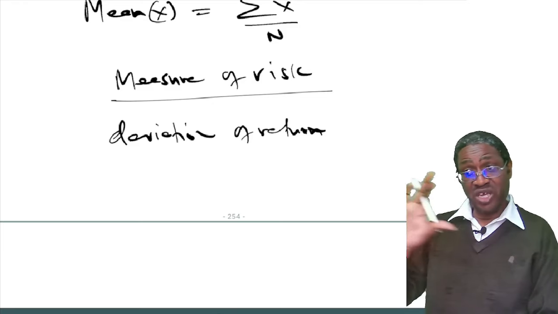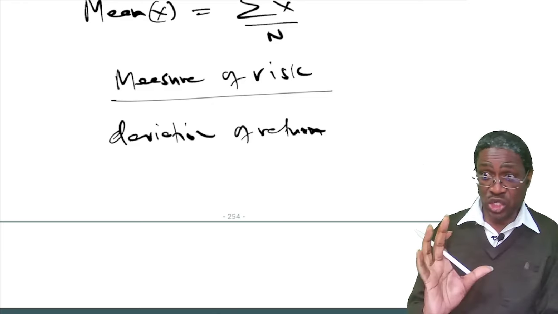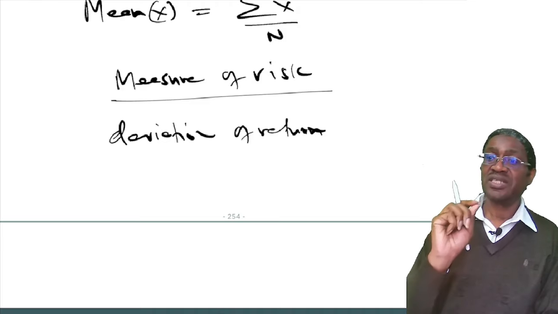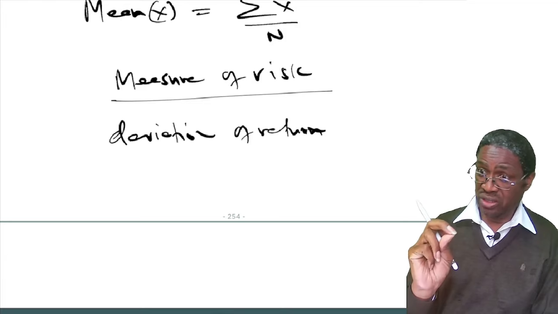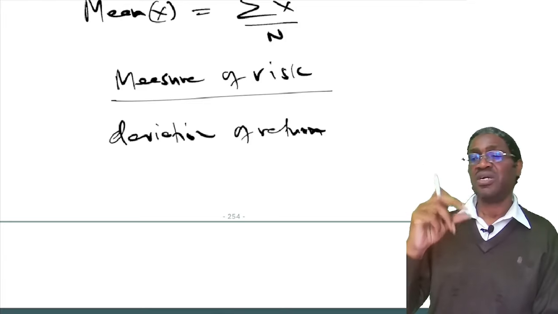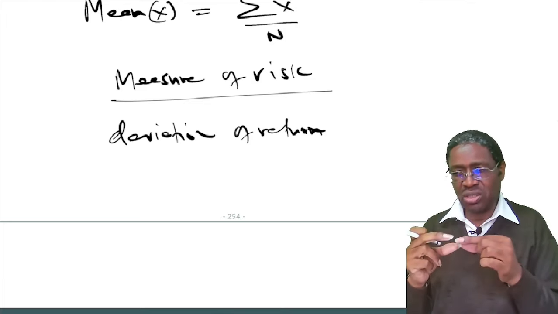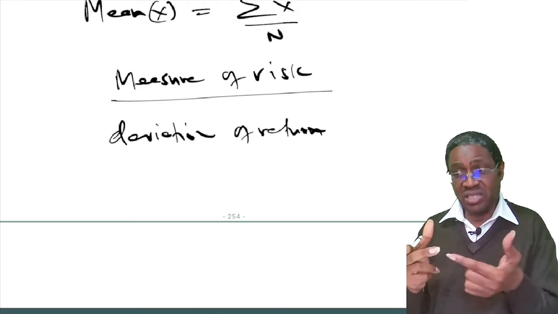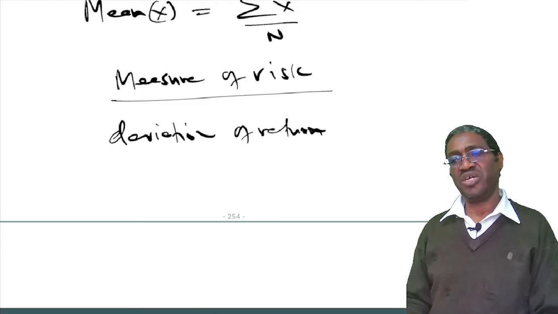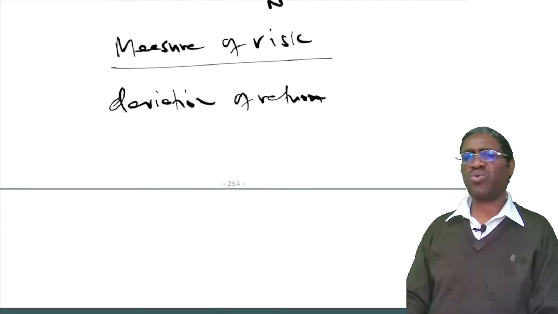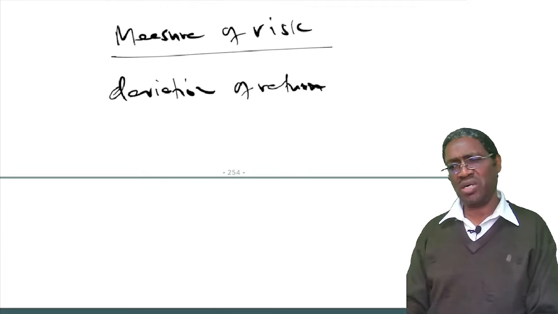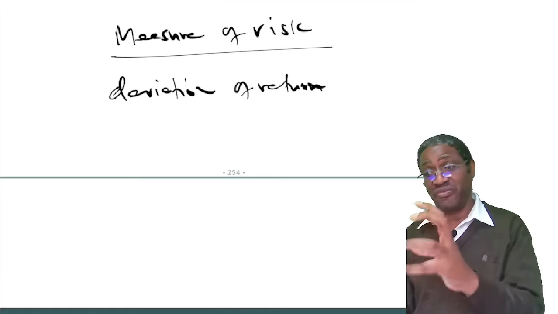The more the deviation from the mean, the higher the risk of that investment. The less the deviation of the returns from the mean, the less the risk of that investment. So the question is, how do we measure the risk of an investment?